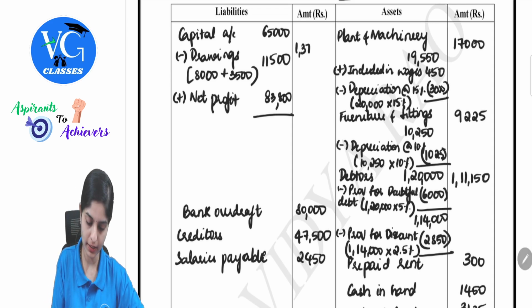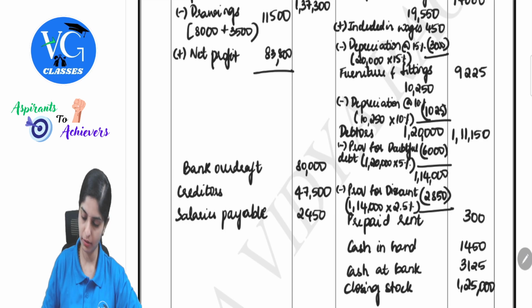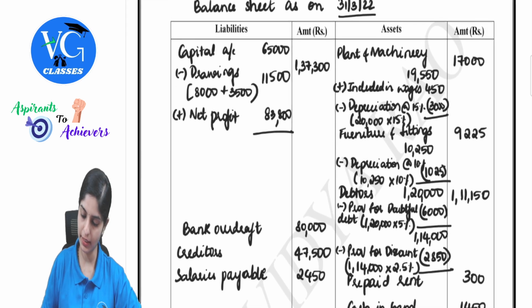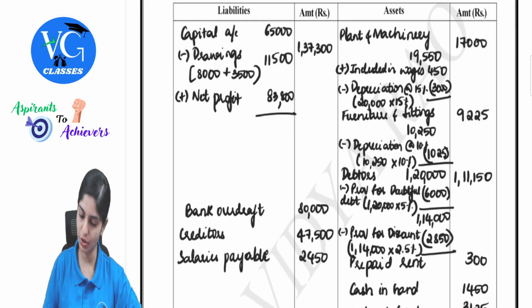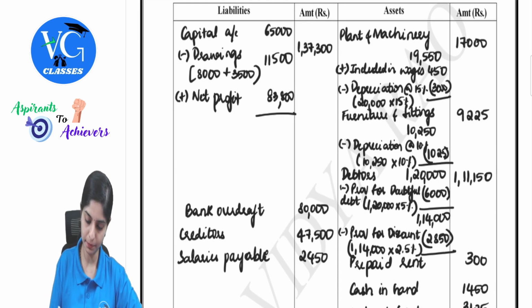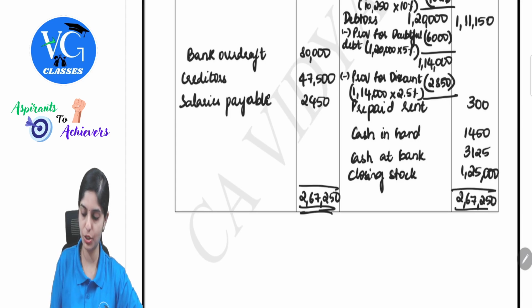This will be 137,300. Check the total of the balance sheet: plus 80,000, 47,500, 2,450 minus 17,925, 111,150, 300, 1,450, 3,125. Yes, so the total of the balance sheet will be plus 2,450, 2,67,250. This will be your total of the balance sheet.